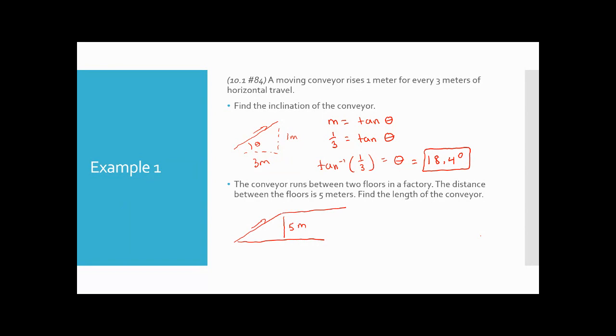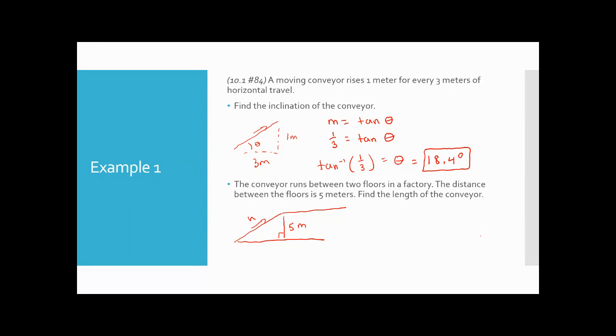That is 5 meters there. So the length of the conveyor, that is the hypotenuse if you're making a right triangle here. So we are looking for the length, which is the hypotenuse. So it's not the horizontal length. You've got to think about the conveyor going at an angle.